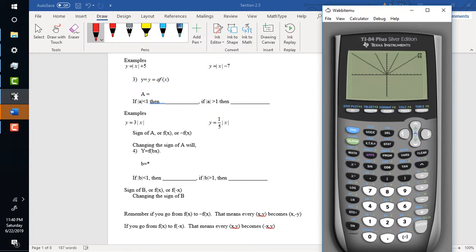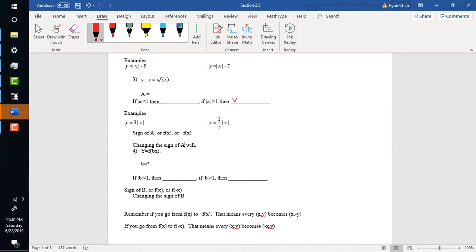If I go to my table, look at what's happening. All my y values, so y1 is my original, y2 is my new one when I multiply by 3. Notice my y values are all being multiplied by 3. So if my number in front is larger than 1, we call this a vertical stretch.